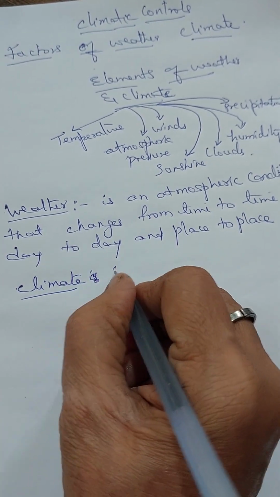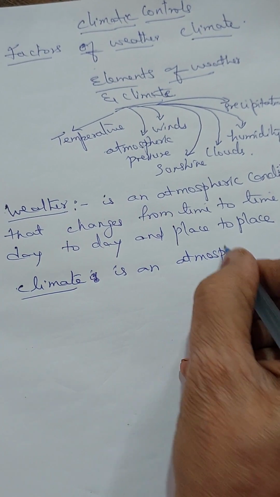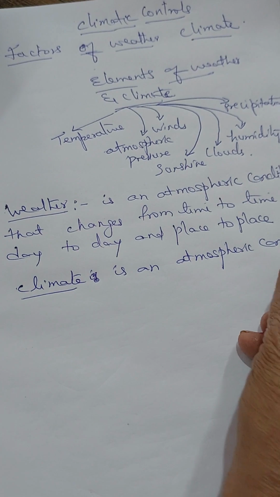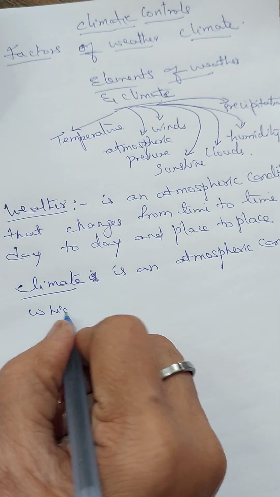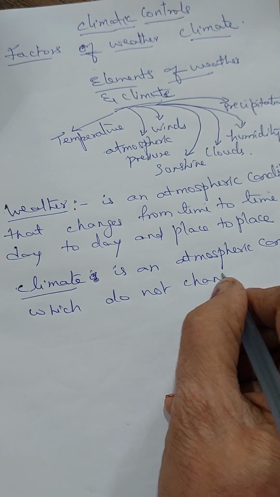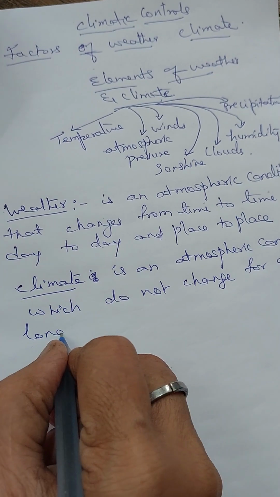Next we'll see the definition of climate. Climate is an atmospheric condition which does not change for a long period of time.